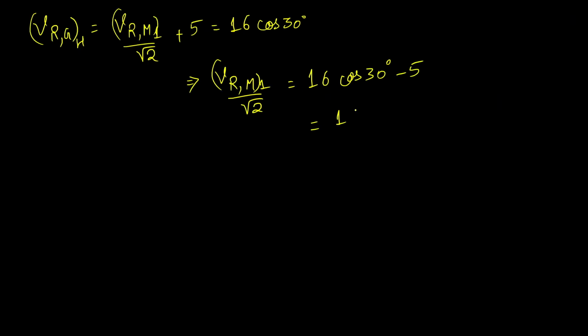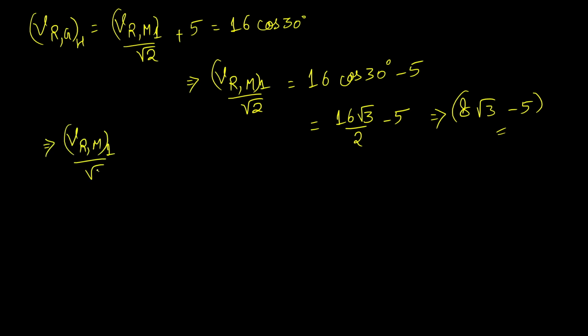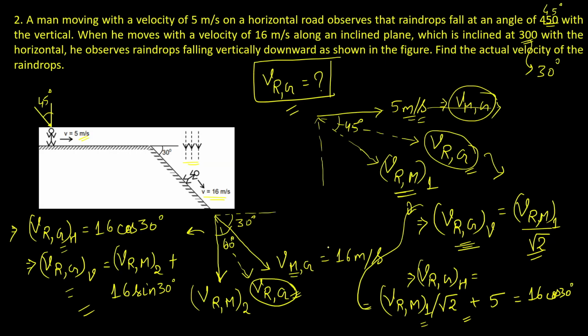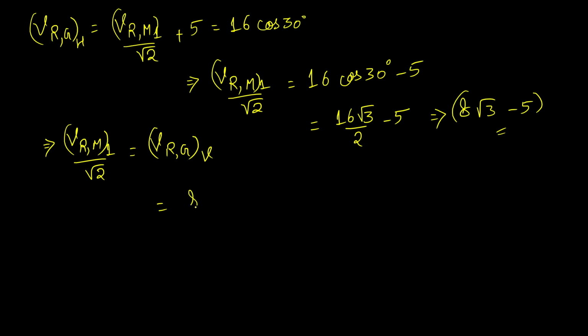So this is 16 root 3 upon 2 minus 5, that will be equal to 8 root 3 minus 5. Okay, so this is VRM1 upon root 2, and this VRM1 upon root 2 is nothing but the VRG vertical component that we have already seen from here. So this is 8 root 3 minus 5. So now we know the vertical component of the velocity of rain with respect to ground and the horizontal component of the velocity of rain with respect to ground.